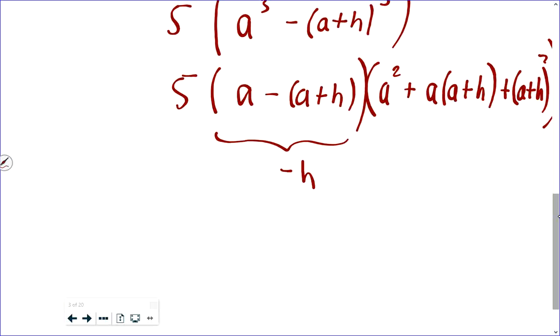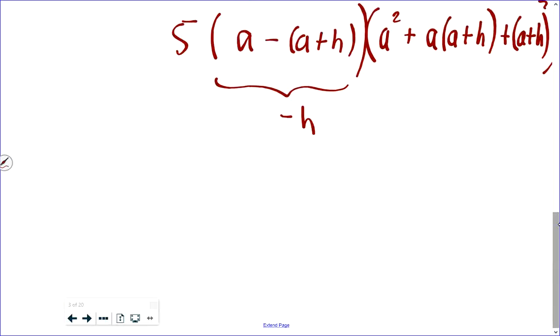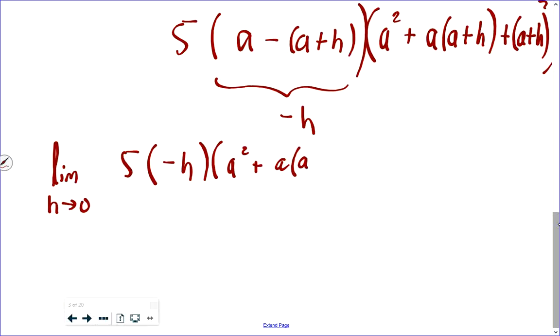So the top becomes, now I'm going to go back to the actual question, the top becomes 5 times negative h times a squared plus a times a plus h plus a plus h squared.